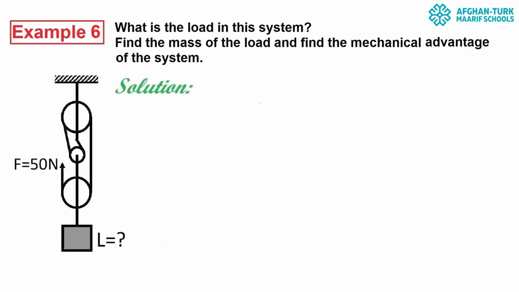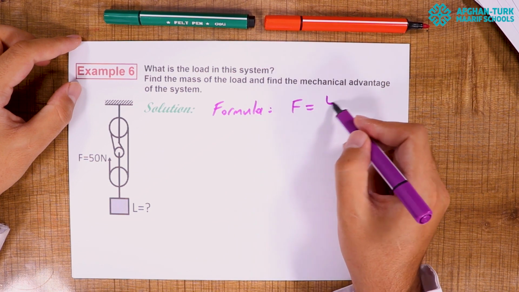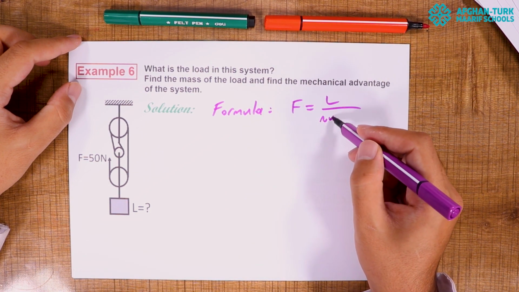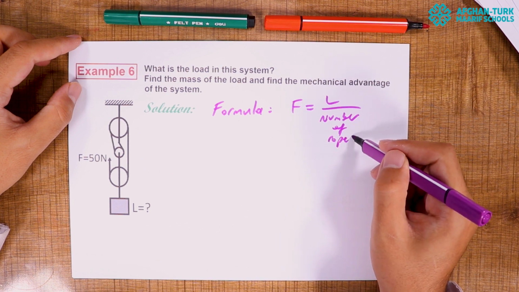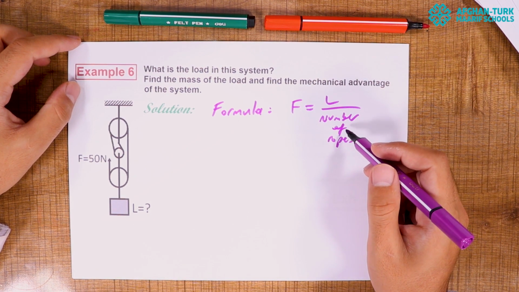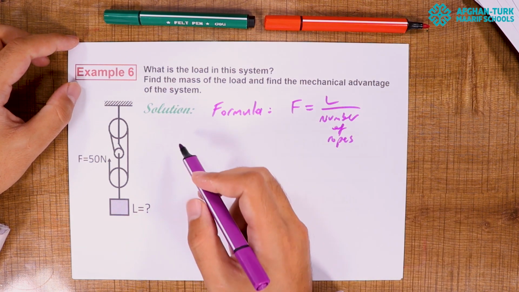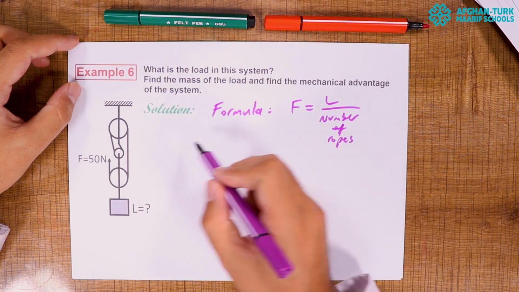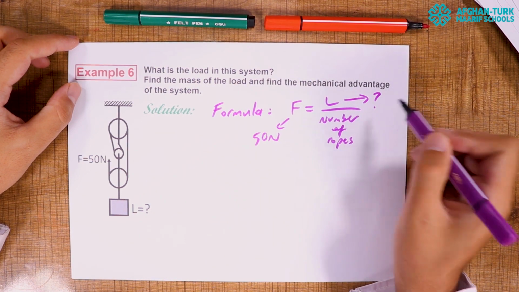Okay, let's look at the example. So the formula was F is equal to load divided by number of ropes, the maximum number of ropes. We are looking for the maximum number. So the force is given as 50 Newton, and I'm looking for the load here.